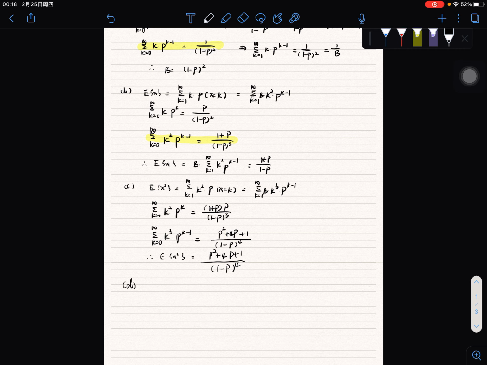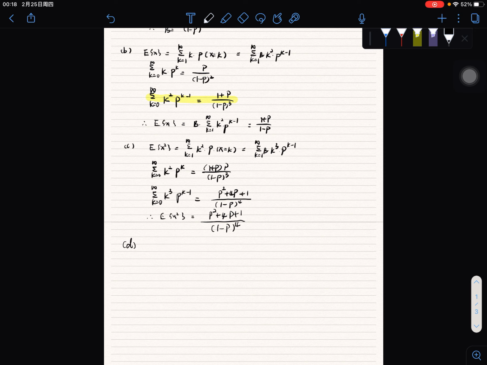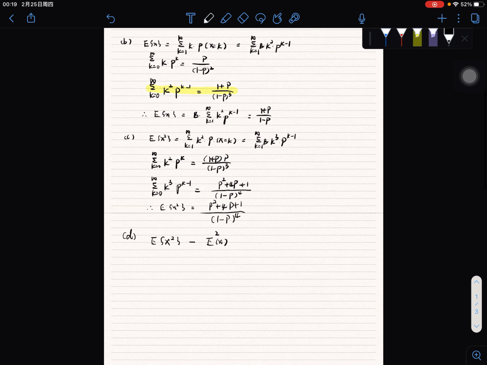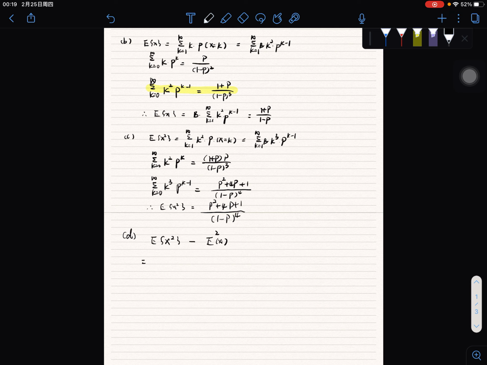And then question D, we need to calculate EX squared minus (EX) squared. And we replace with the results of B and C. We will get the answer.